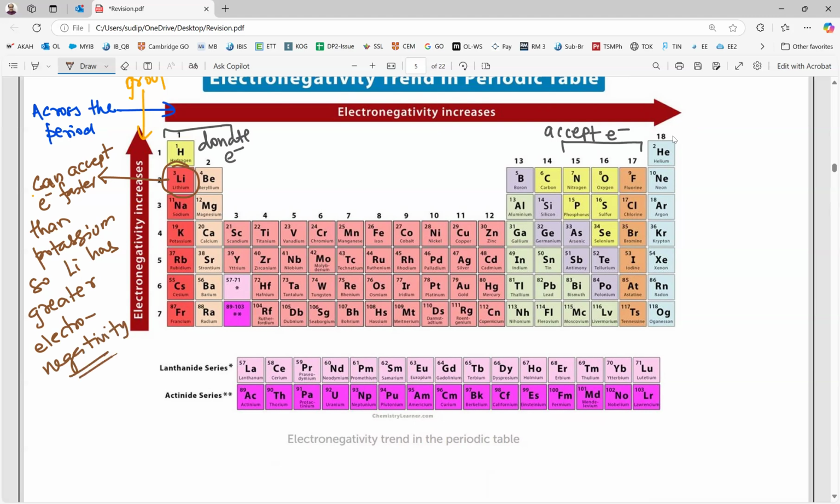I hope this is now clear. There's a difference in the way you analyze them. You should not get confused that across the period, lithium has the least electronegativity compared to oxygen, whereas down the group, lithium has a higher electronegativity compared to even potassium. The whole idea is that they have a different approach, both of them.